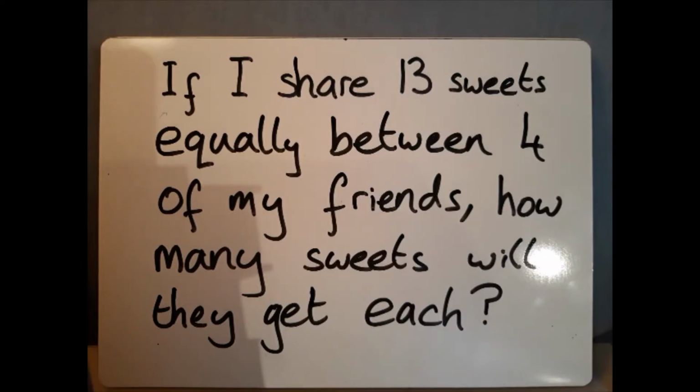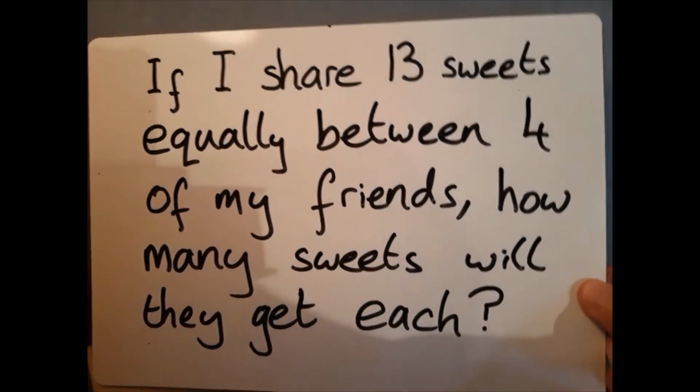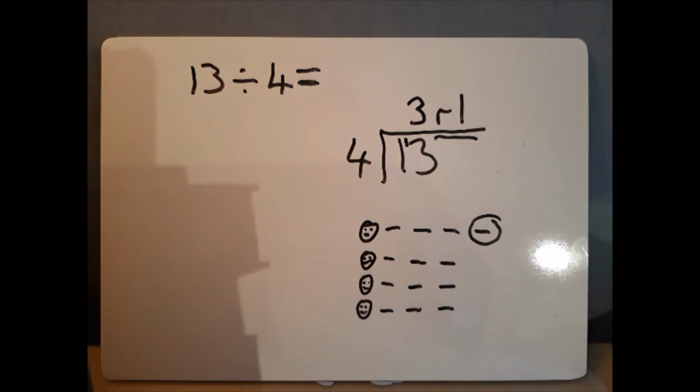You can see that I have changed my question slightly. I have taken out the bit about how much I would have left. So my question is only really about the sweets that I am sharing with my friends. If I share 13 sweets equally between 4 of my friends, how many sweets will they get each? Well, let's have a look. Let's take this away, go back to this.